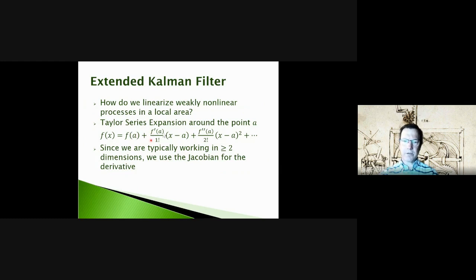It's still going to be a pretty good approximation if you have a bunch of terms, but the fewer terms you have, the less perfect that expansion is going to be around that point A, right?